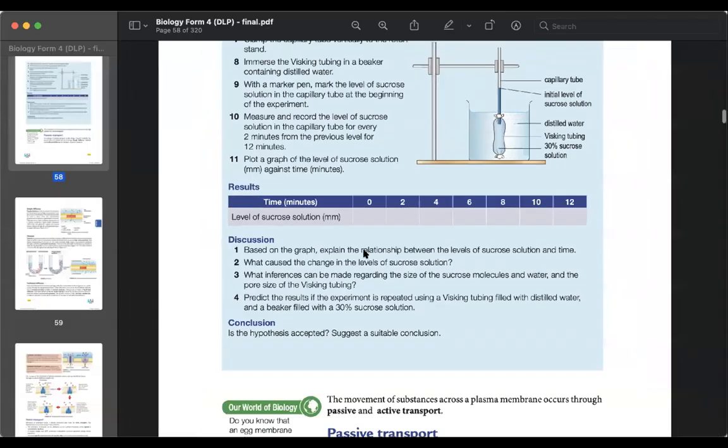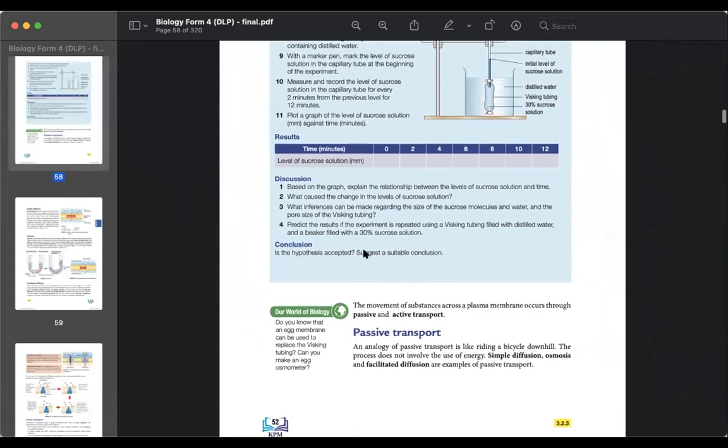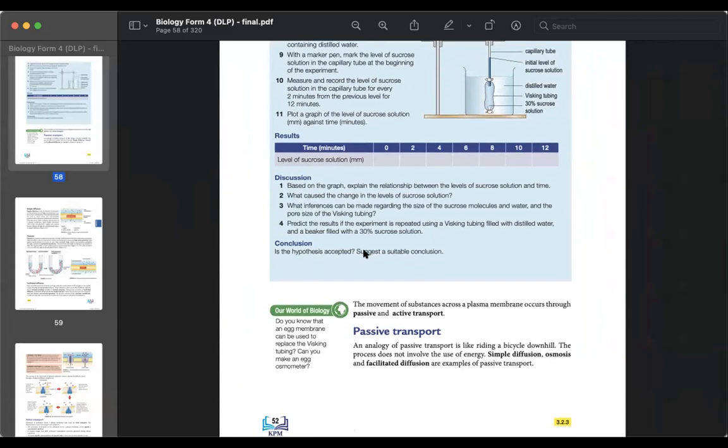Okay guys, so let's continue. Now we are going to study the name of the process where the substance gets in and gets out. Awak tengok, transport ni is divided into two. The first one is passive transport, the next one is active transport.